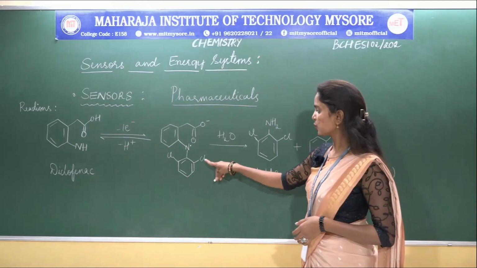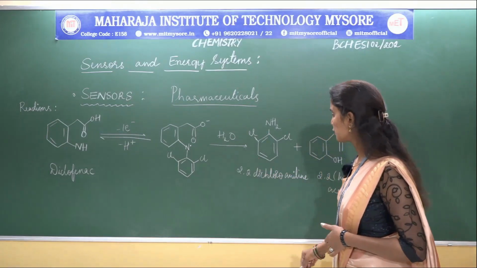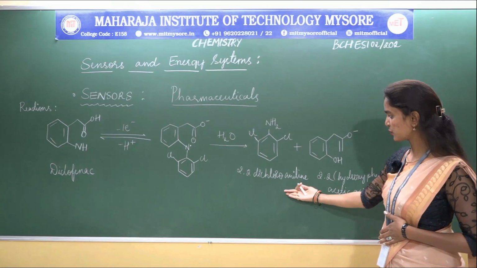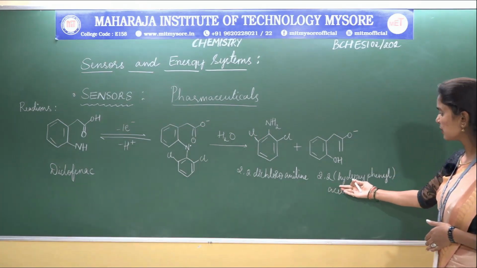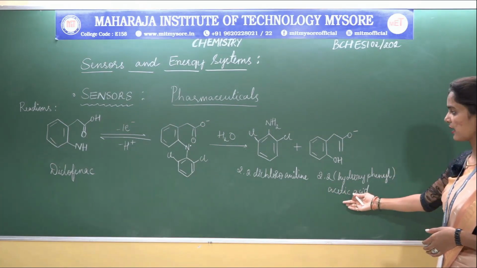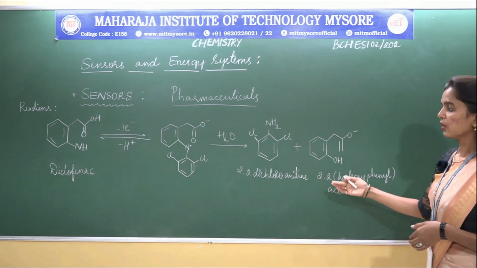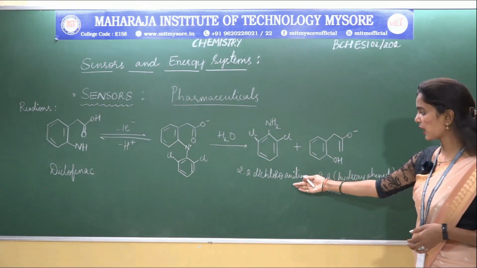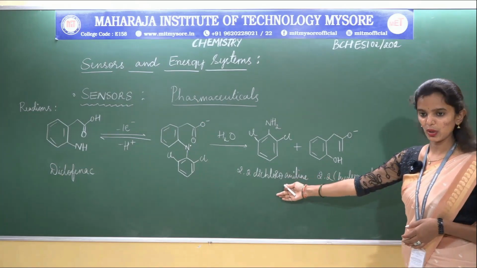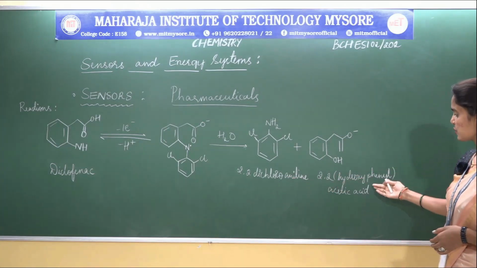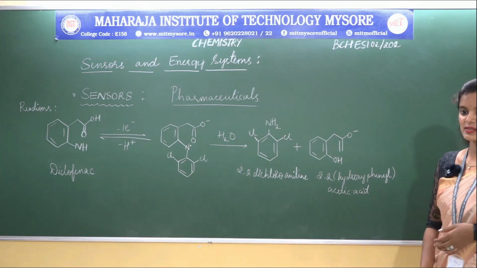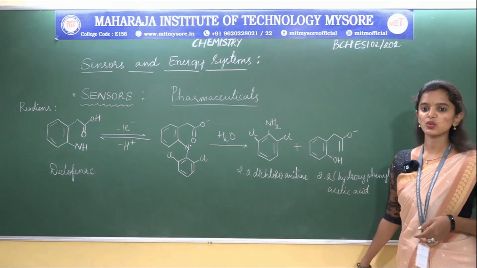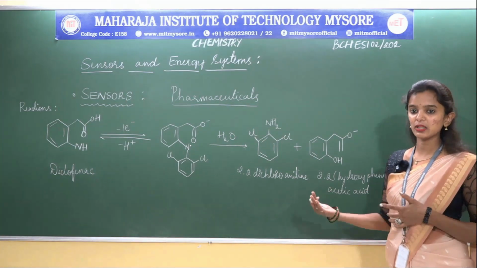This undergoes hydrolysis to form 2,6-dichloroaniline and 2,2-dihydroxyphenyl acetic acid. The formation of these two products indicates the presence of diclofenac in the given analyte.